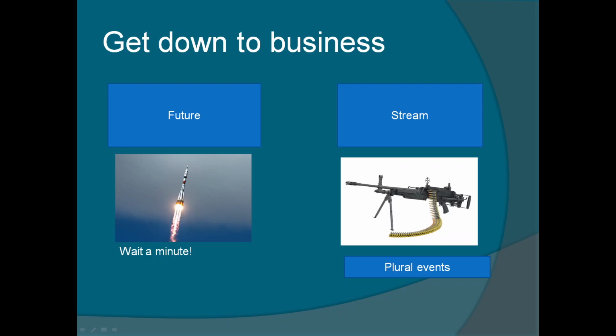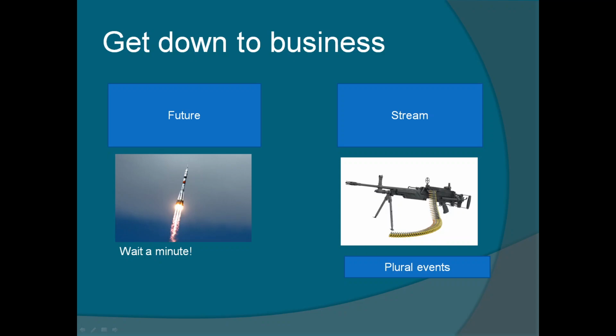In this slide, we can see a comparison of stream and future. These classes both represent asynchronous programming, but the future has only one event, and the stream has a lot.